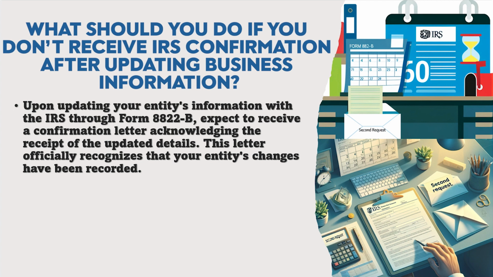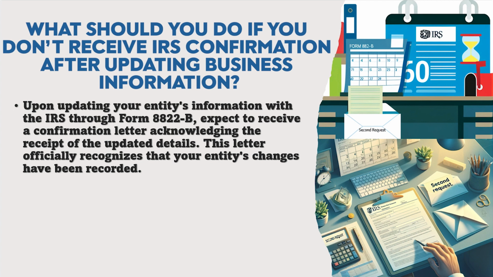If you really want to know, the IRS says that you should expect to receive the acknowledgement within 60 days. And then the letter officially recognizes that your entity has changed. Okay, the entity's changes have been recorded. But based on my practice and experience, the IRS usually doesn't send these forms.